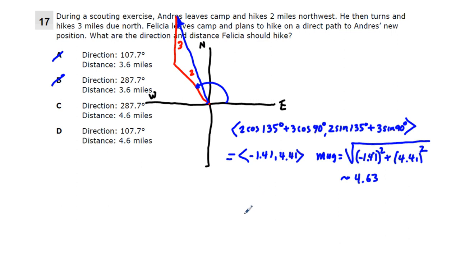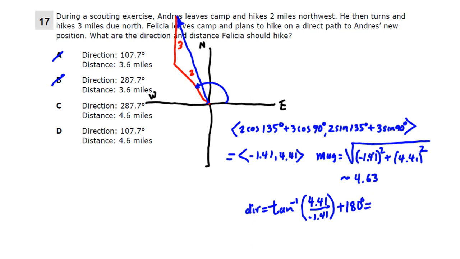And then our direction is going to be equal to our inverse tangent of 4.41 over negative 1.41. And one thing that helps us too is that we know that we are in quadrant 2, so we're going to have to add 180 degrees to that. And we're going to get something.